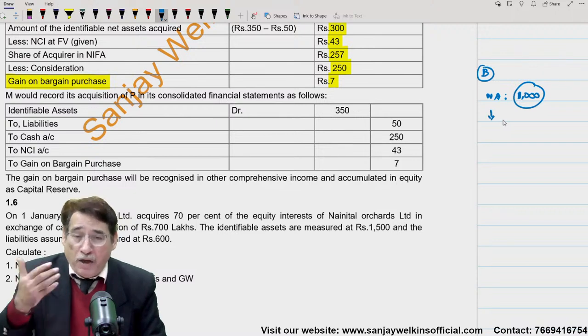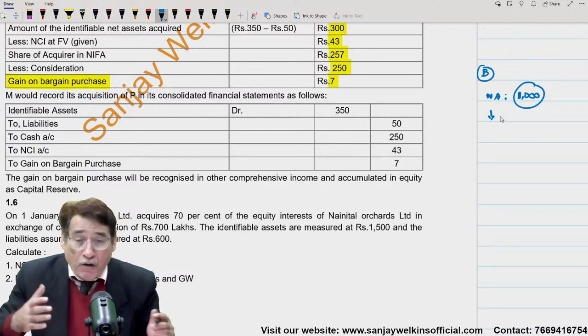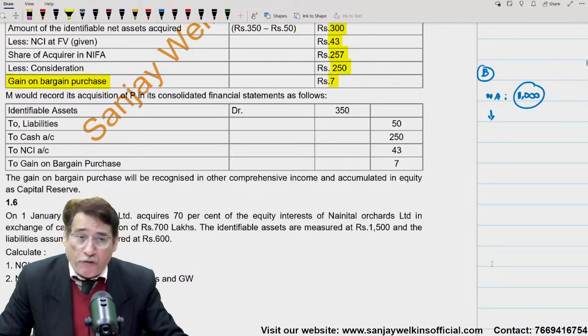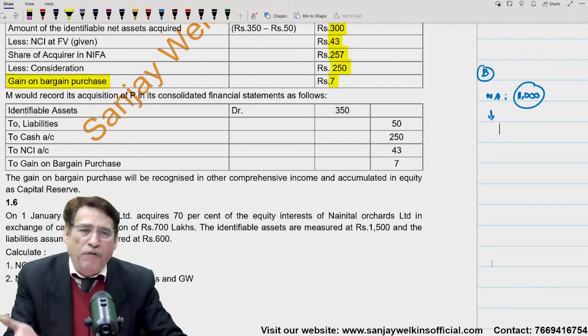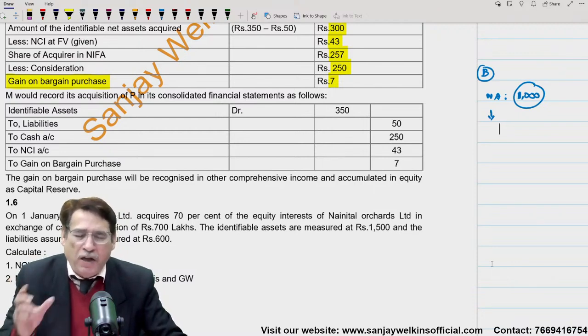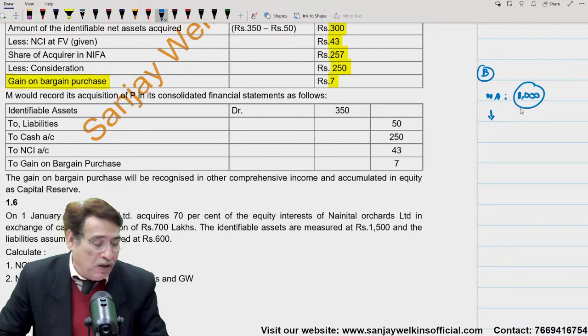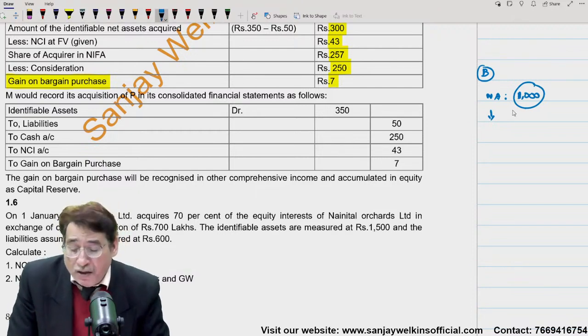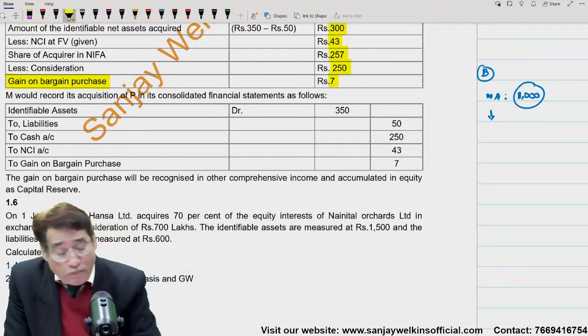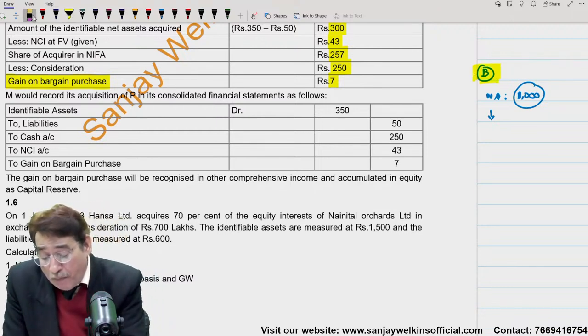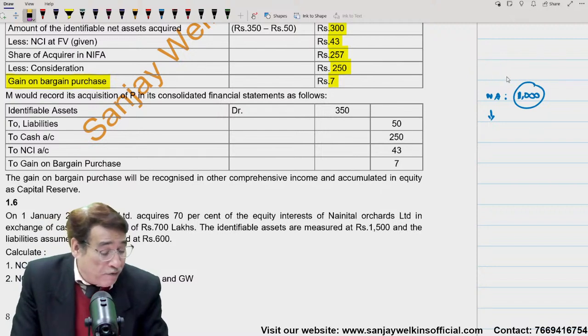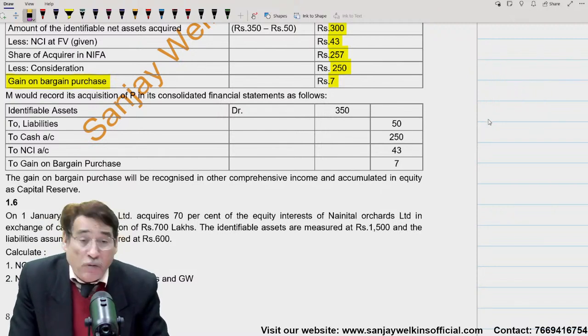Quite obviously, being a prudent businessman of high wisdom, you are not going to accept anything less than 1000. You will insist upon a figure more than 1000, but you are not going to sell your business at a figure below this. That is why I am telling you, in practical life, generally we do not have the concept of gain on bargain purchase.